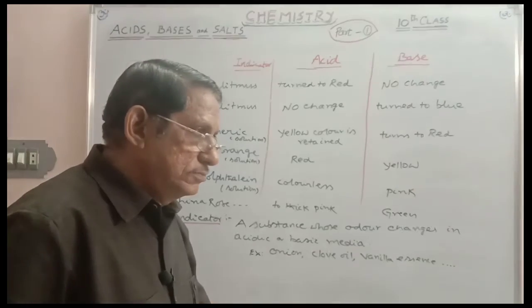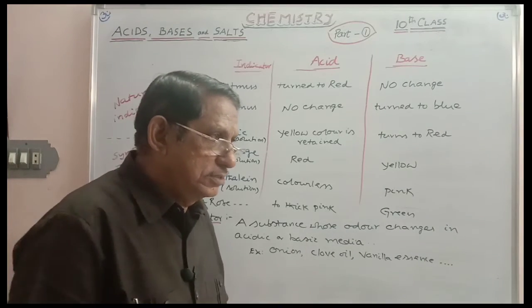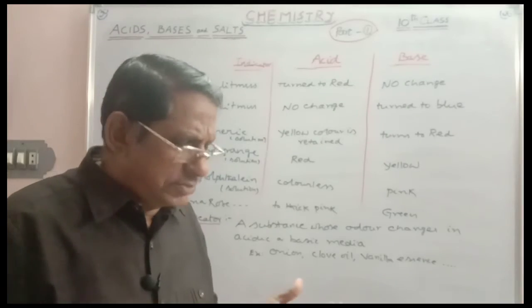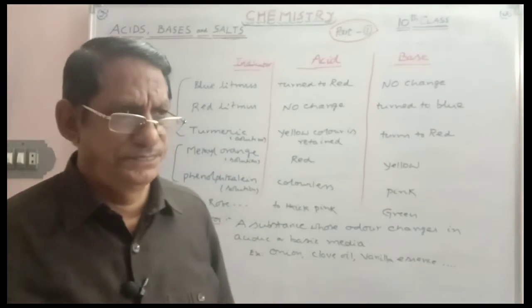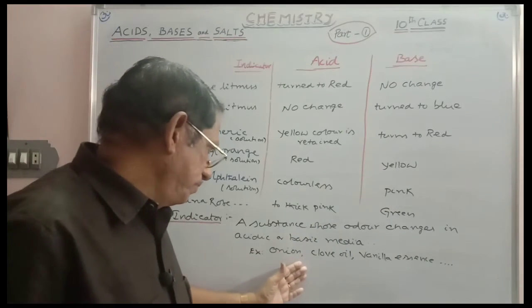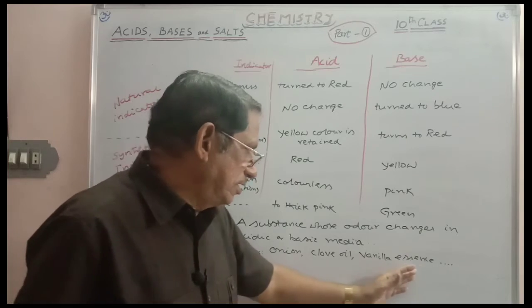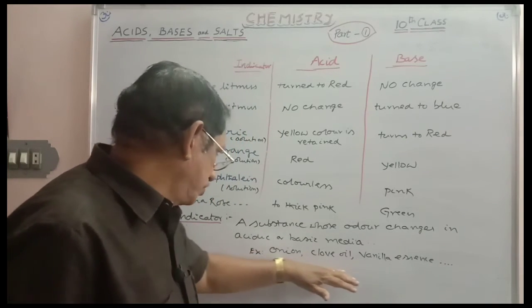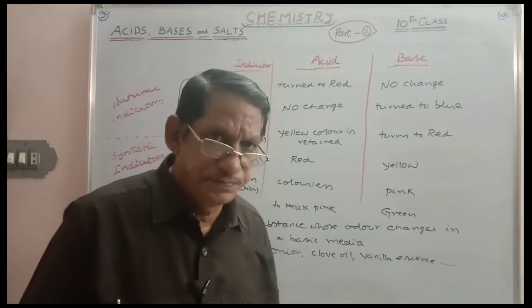Either in acidic medium or in basic medium, the odor will be completely changed. Sometimes it may emit a bad smell. Examples are onion chips, clove oil, vanilla essence, etc. These are the generally used olfactory indicators.